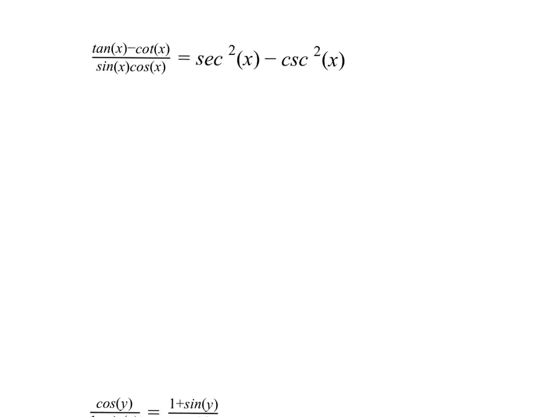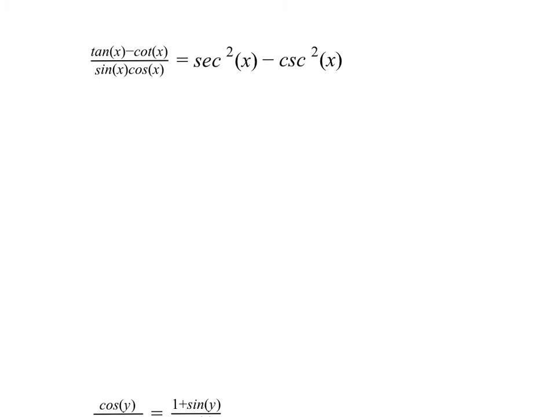So now we want to verify that tangent of x minus cotangent of x over sine of x cosine x equals secant squared x minus cosecant squared x.